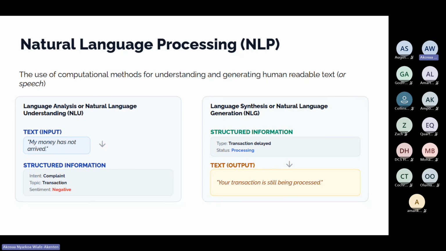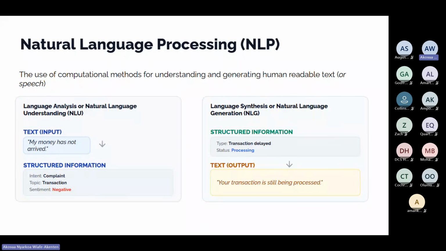Okay, natural language processing. Now, natural language processing is one term that you hear about as you discuss AI or language technologies, right? In the simplest form, natural language processing is the use of computational methods for understanding and generating human readable text or speech.